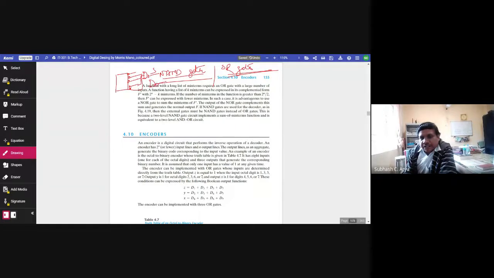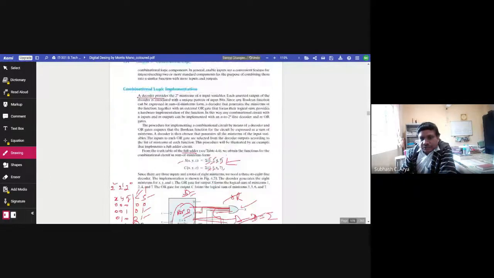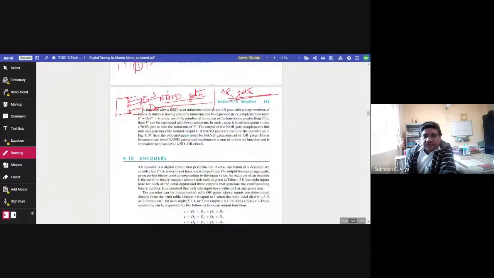And put a NAND gate here for the carry, with outputs 3, 5, 6, 7. So in this way, with the help of a 3 to 8 line decoder plus NAND gates, we can implement it.